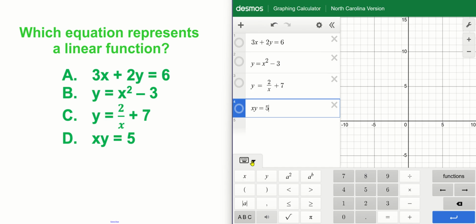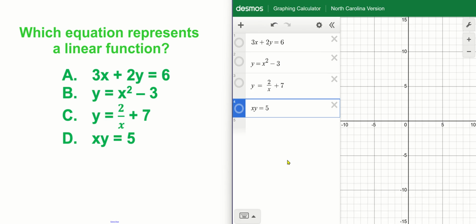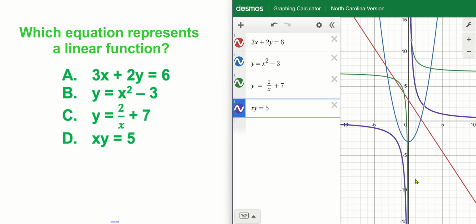Do the B one. Desmos, 4 of them in at once.